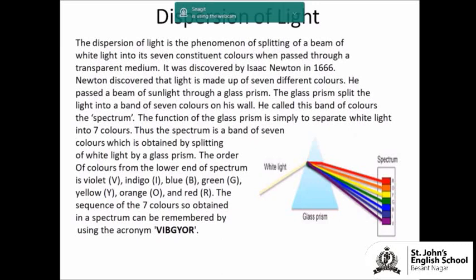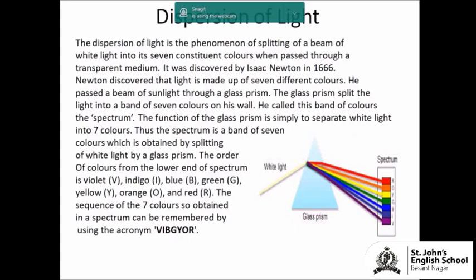The red color is at the top and the violet is at the bottom of the pattern on the screen. It shows that with respect to the direction of the incident beam, red color has the least deviation and violet has the maximum deviation.